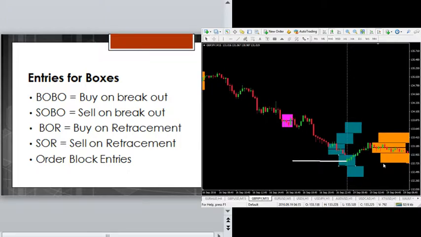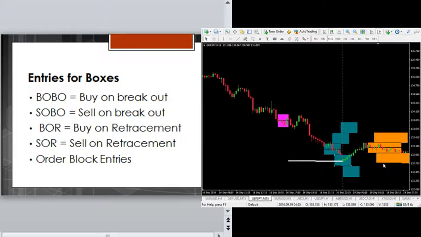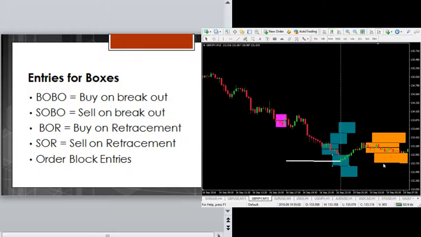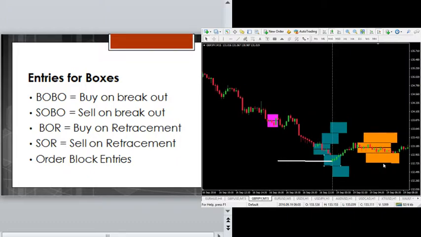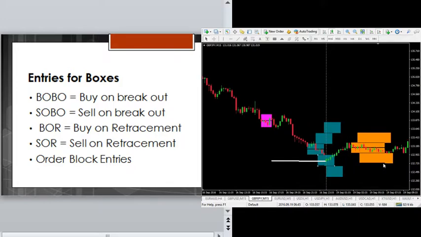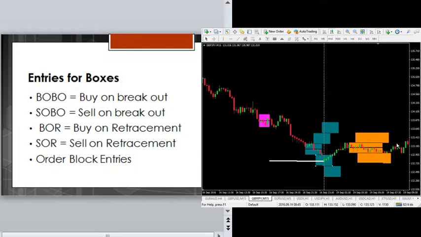Then we press F12 to show the single movement of the box based on a 15-minute time frame. As you can see here, there is a breakout to the upside, one box up. So we could consider a buy here, and our take profit would be 50% of this box.